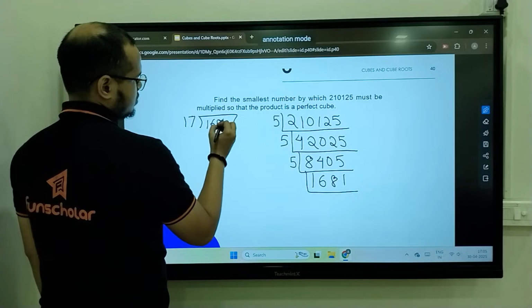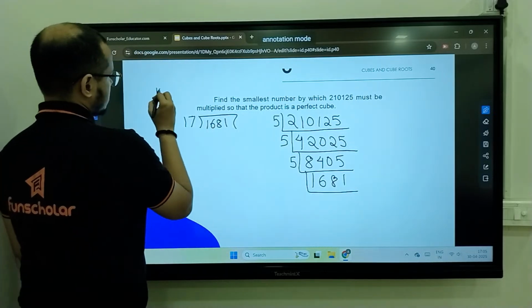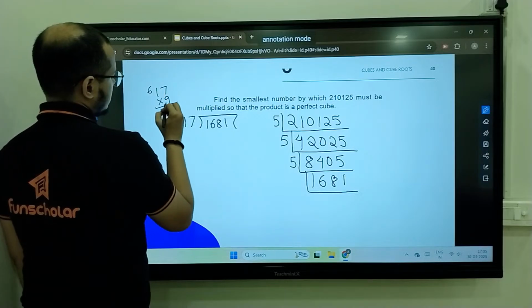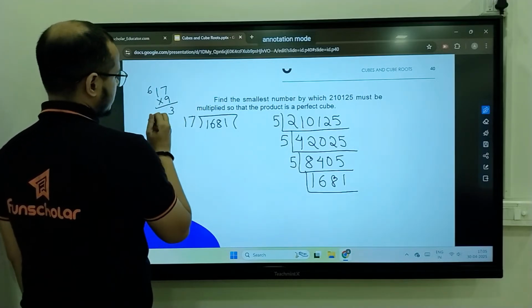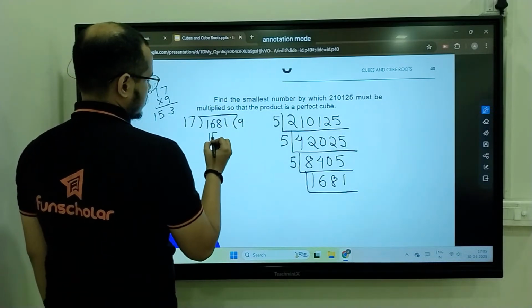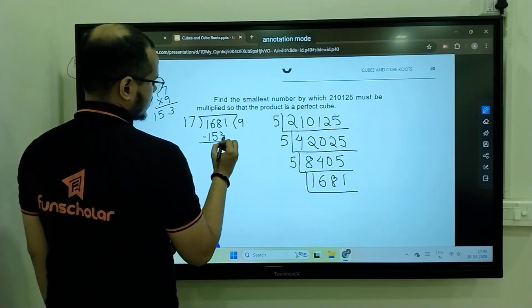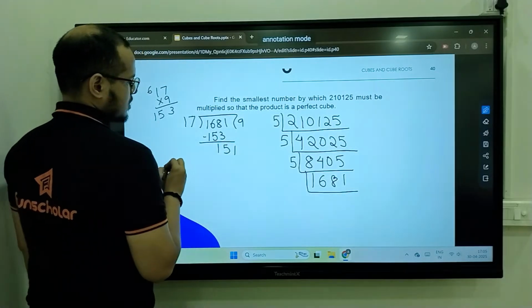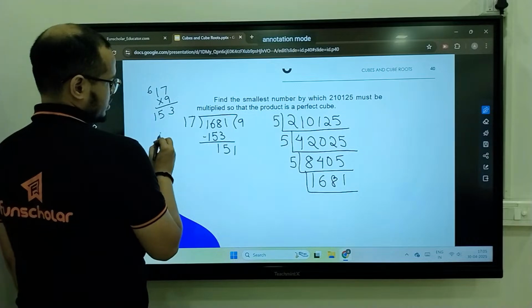17 into 1681. So 17 into 9 is 153, so 151. So 17 is also not going.